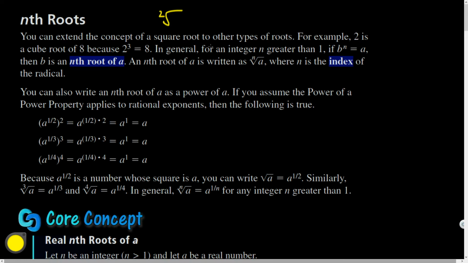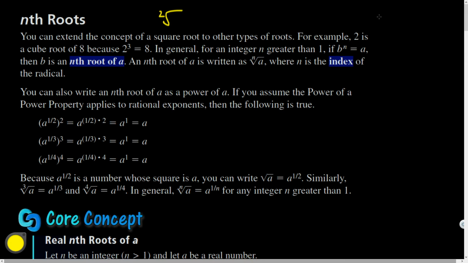We've talked about, for instance, a cube root. I usually say cubed in my head, don't I? The cube root of 8 is 2. There's only one, because 2 cubed is 8.